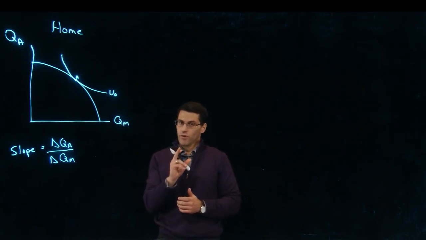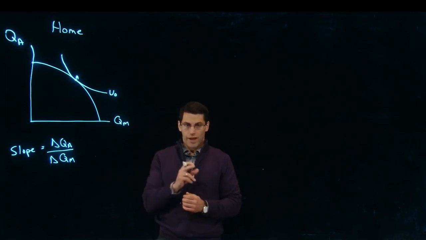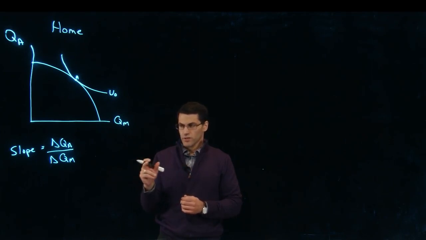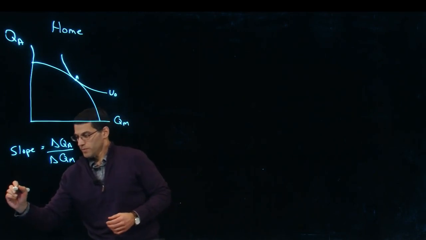Again, what is the one factor that we're moving? We're moving labor back and forth. And so we have to ask, what is this ratio of changes? Well, what's the marginal product of labor?